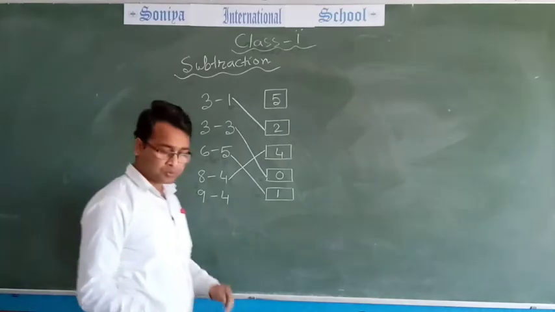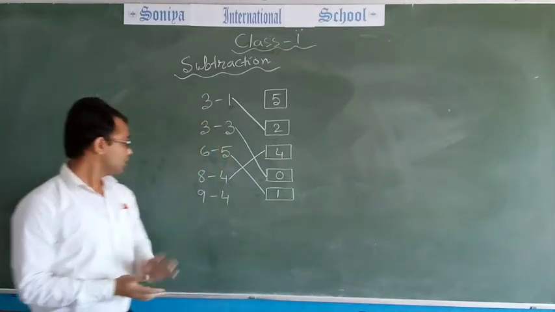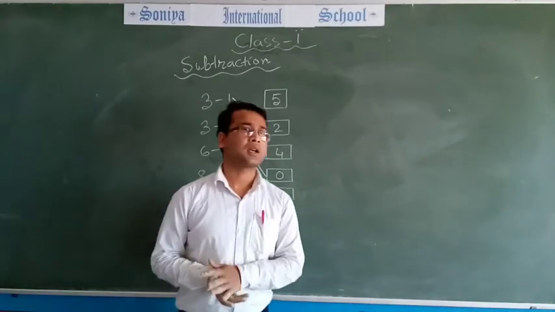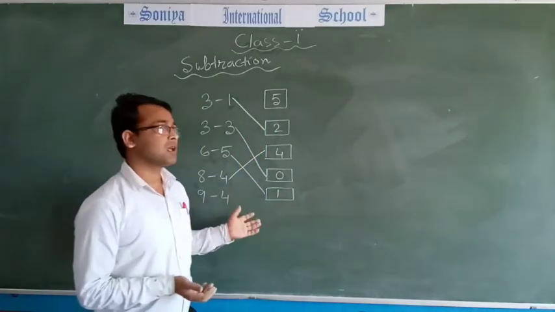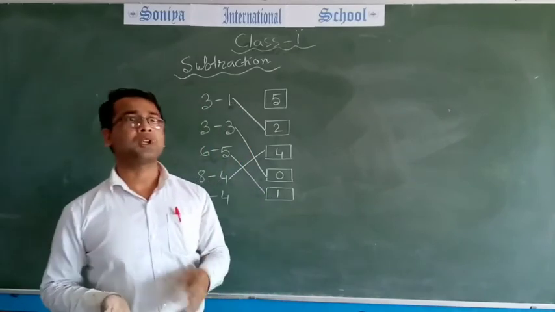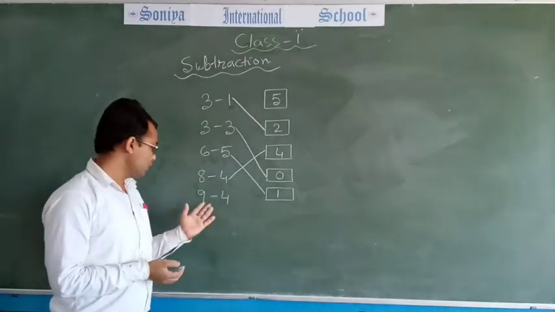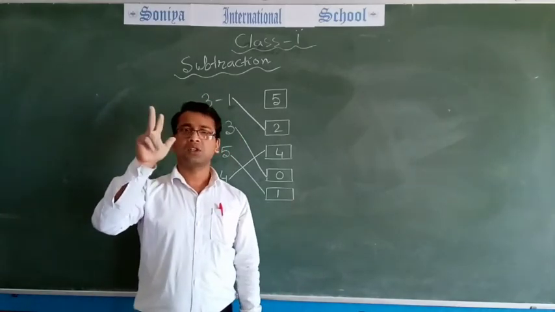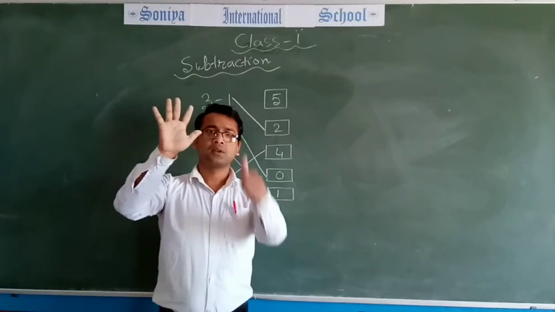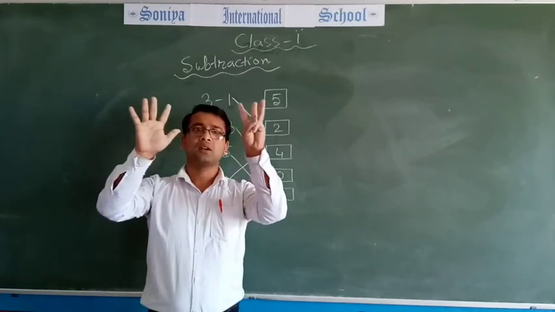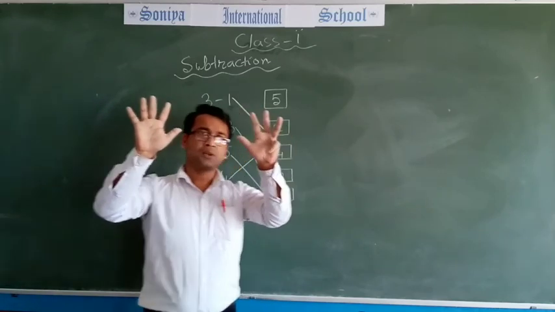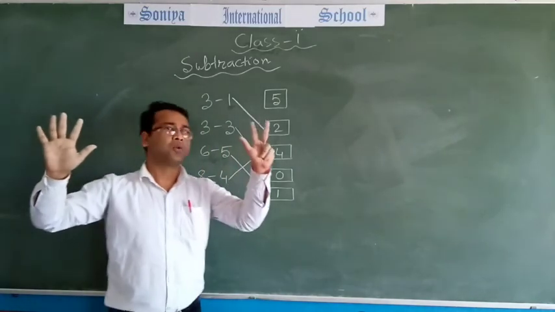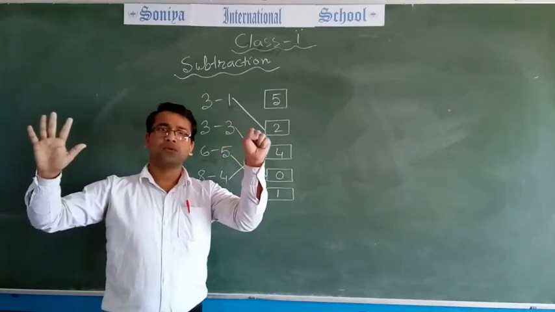Last one, 9 minus 4. Similarly, I count fingers and take away fingers and left with me and then match. 1, 2, 3, 4, 5, 6, 7, 8, 9. 9 fingers. Take away 4 fingers. 1, 2, 3, 4.